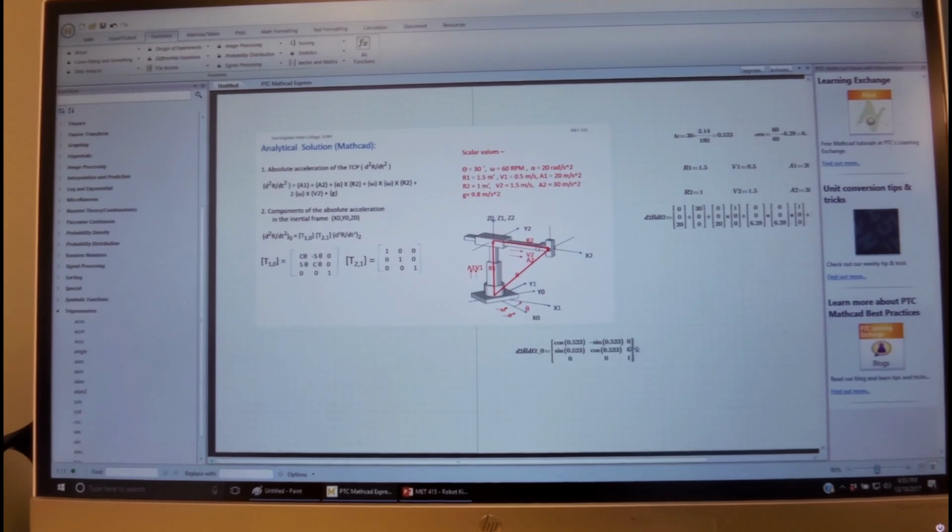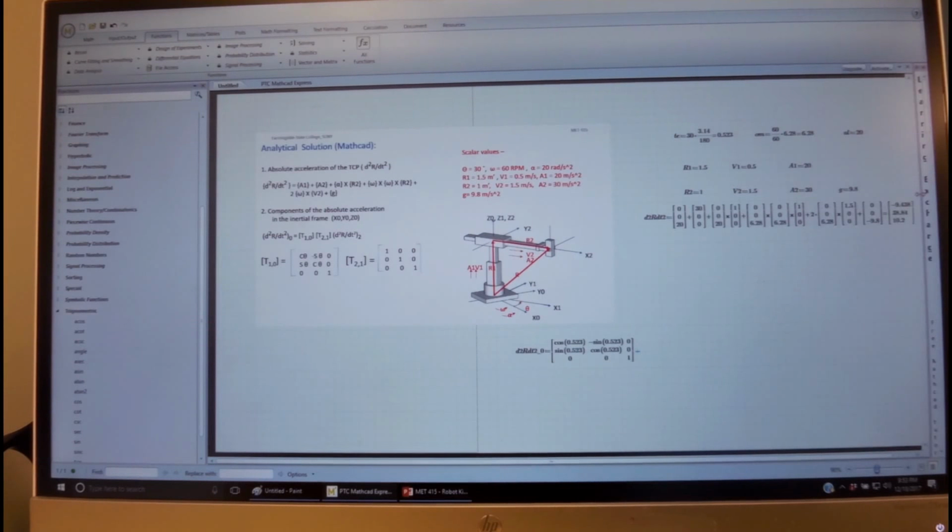Now I have the transformation matrix. I have to multiply that times this vector here, which we found over here. So all I have to do is just copy and put here times. It has to actually be right in here.